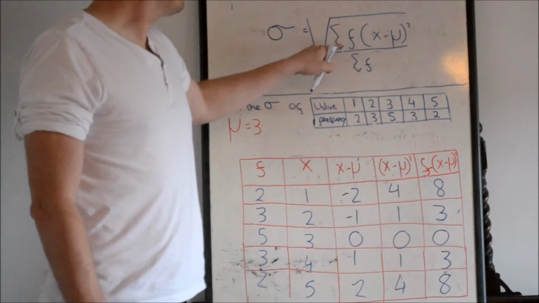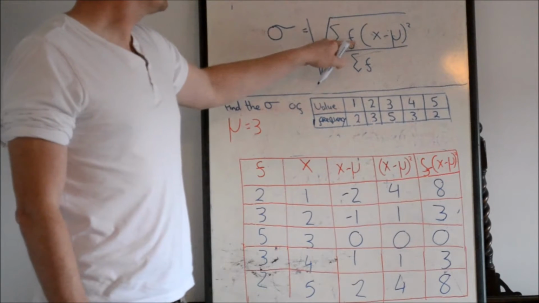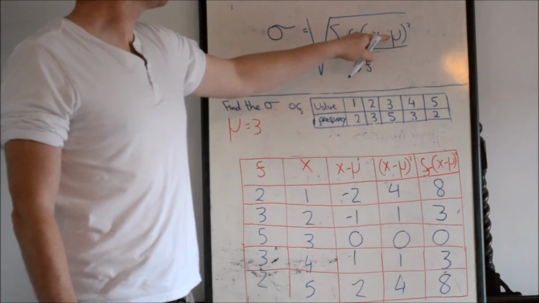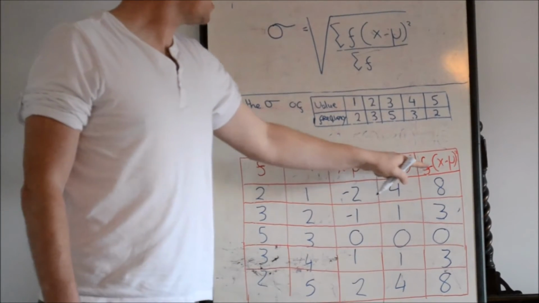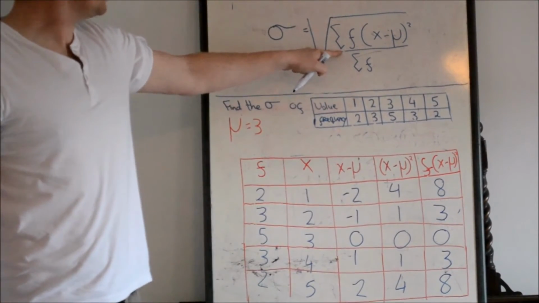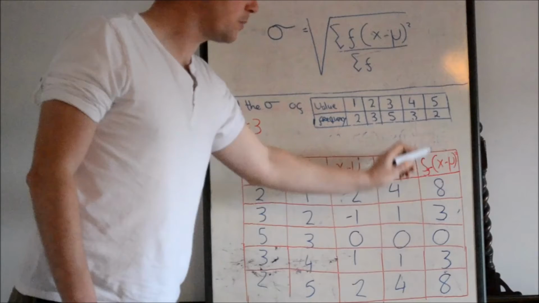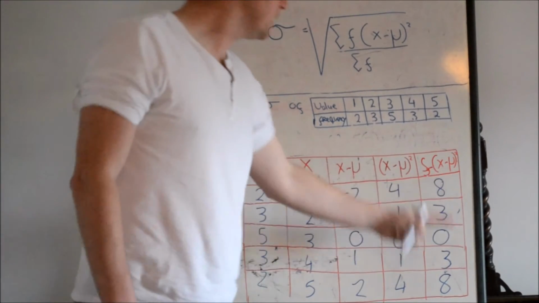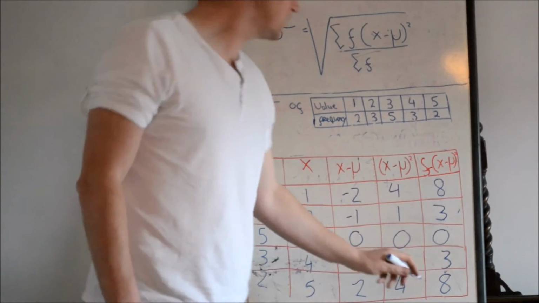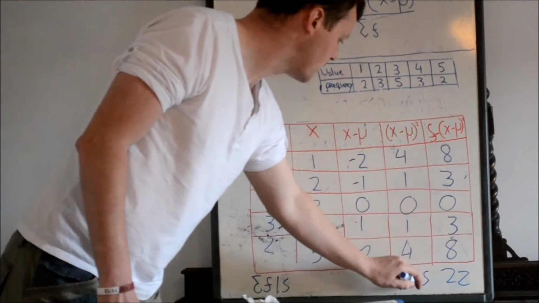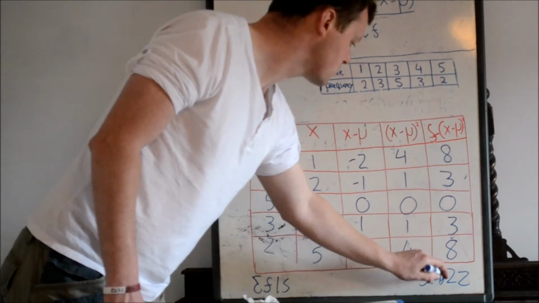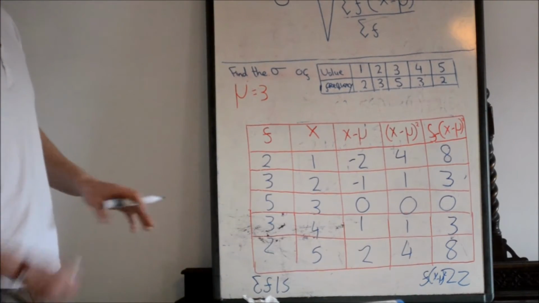And up top we want the sum of f, the frequencies, multiplied by x minus the mean squared. We have f multiplied by x minus the mean squared, so the sum is just when we add them all up. 8 and 8 is 16, and 3 and 3 is 6, so 22. And that is our sum of f times x minus the mean squared. A little bit messy there.